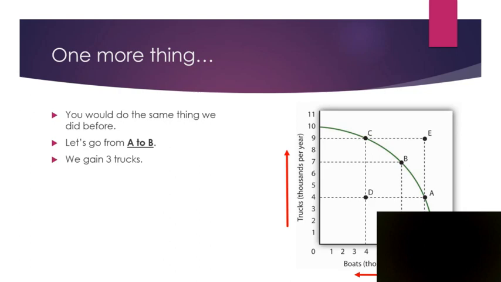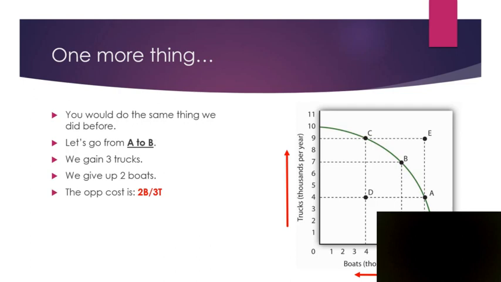We had 4, now we have 7, so we've gained 3 trucks. But to do that, we had to free up resources, and we gave up 2 boats. So take a look and make sure you believe that. We've gained 3 trucks, so we're moving up the vertical axis. We've given up 2 boats, so we're moving to the left on the horizontal axis.